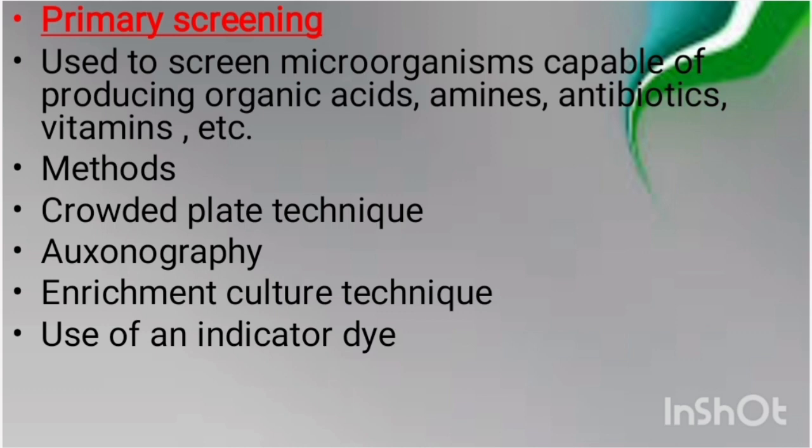It is needed in case of certain microbial species, for example, microorganisms that are capable of producing organic acids, antibiotics, vitamins, amines, etc. So the primary screening involves some tests. The tests are carried out to detect a special microorganism that has the special property.